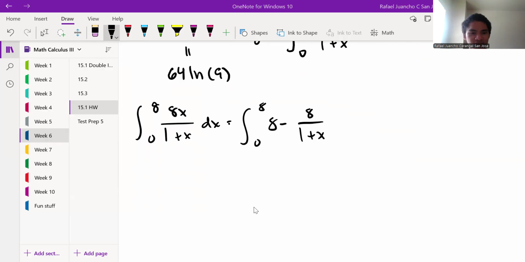And so if I do it that way, will I get, oh God, 8x minus, and then this was 8 ln 1 plus x. And then this is, what is that? 64 minus 8 ln 9.